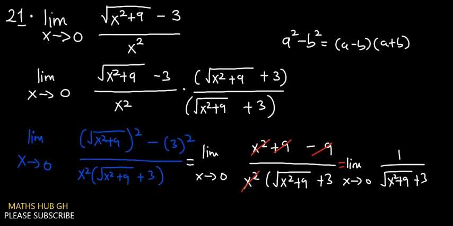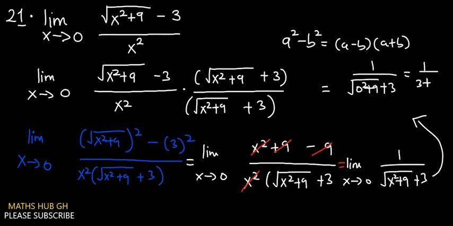Let's do the substitution now. If you do this, you're going to have 1 over the square root of 0 squared plus 9 plus 3. So this will give us 1 over 3 plus 3, which will be equal to 1 over 6. So this will be our answer. Let's take the next example.